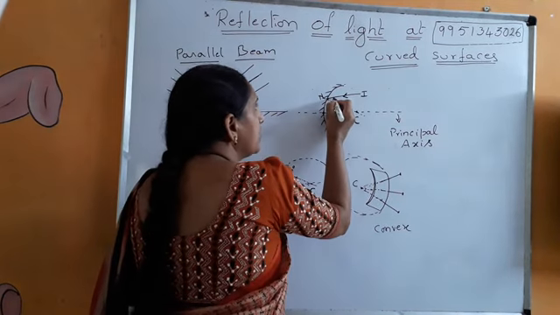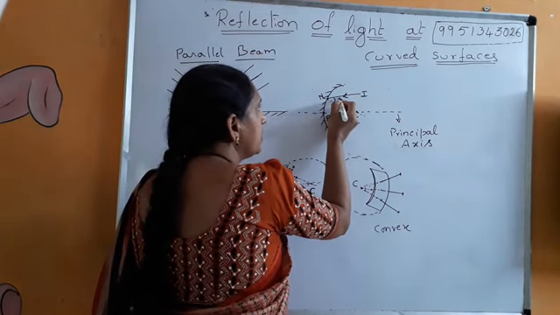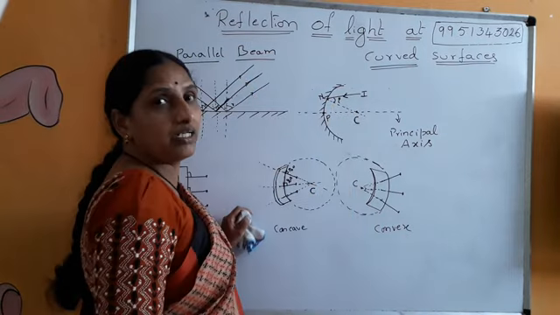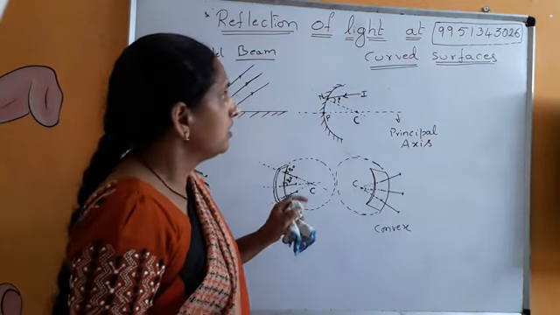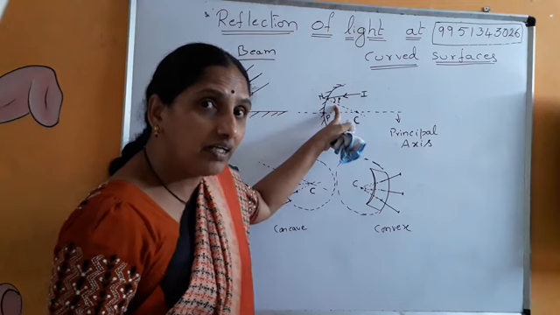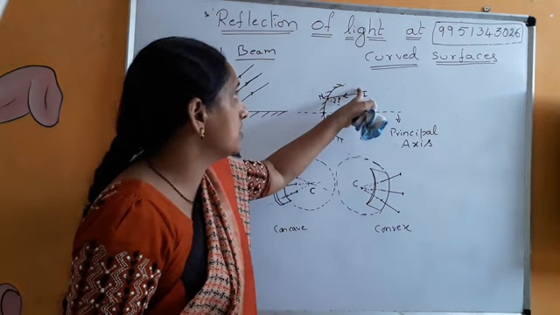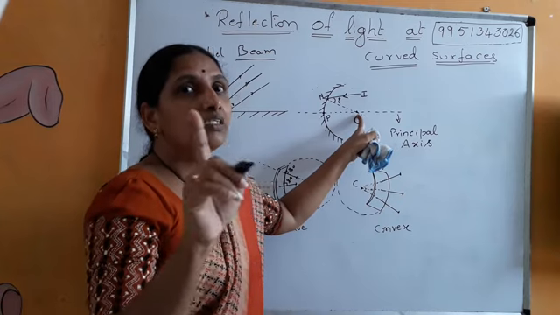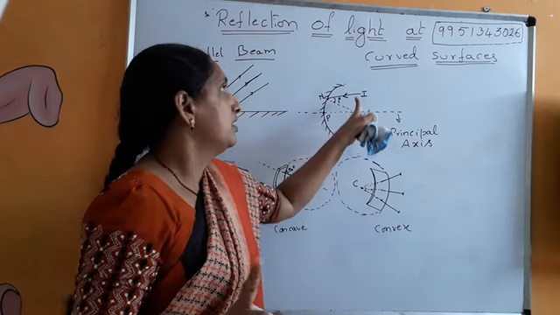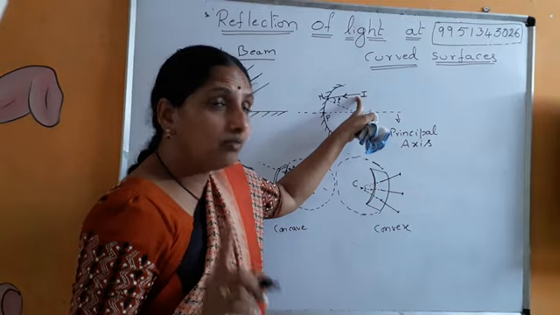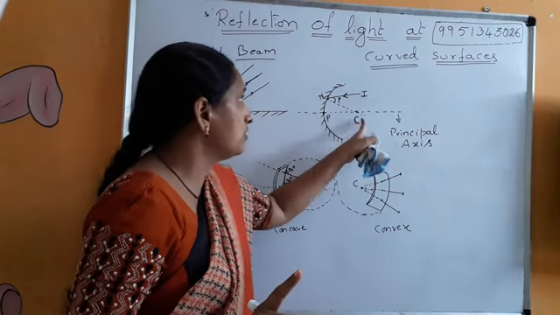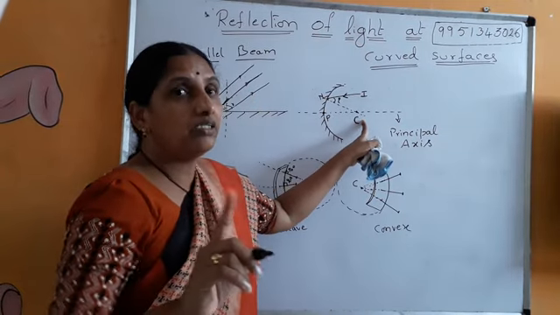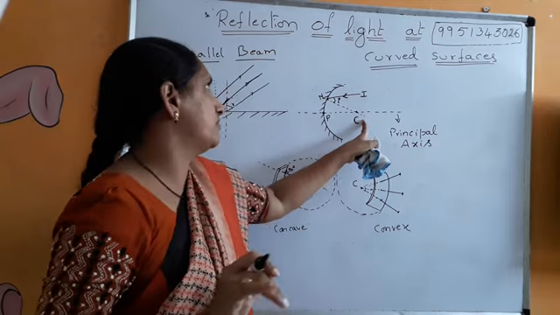It is making an angle of incidence, small i. How did we define angle of incidence? It is the angle made by the incident ray with the normal, not with the surface. Be clear, it is not with the surface.